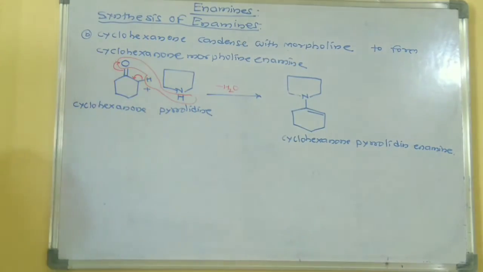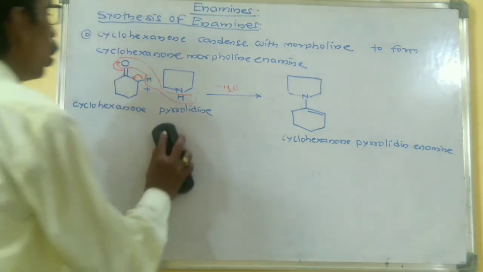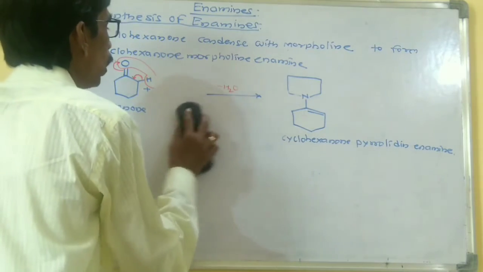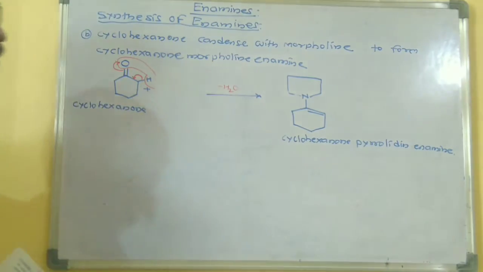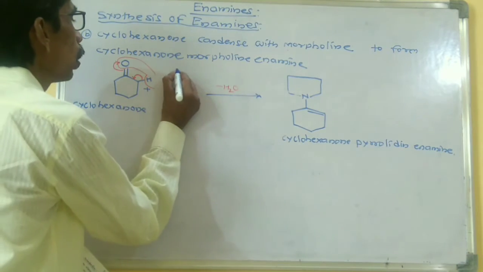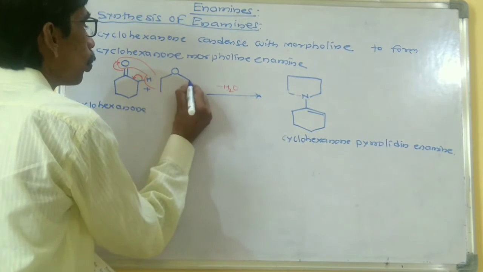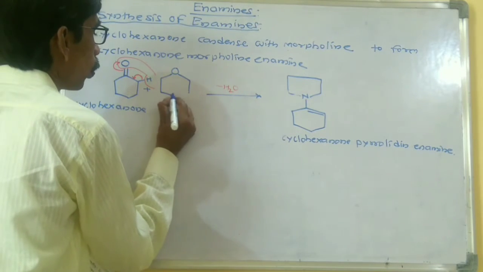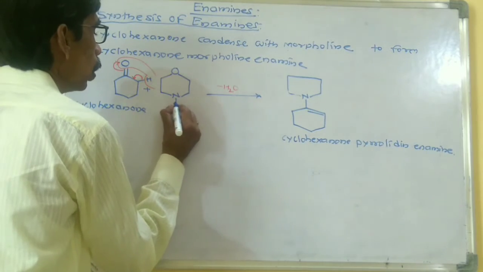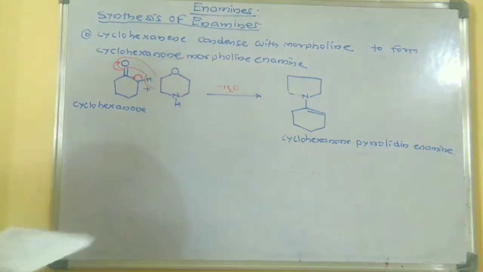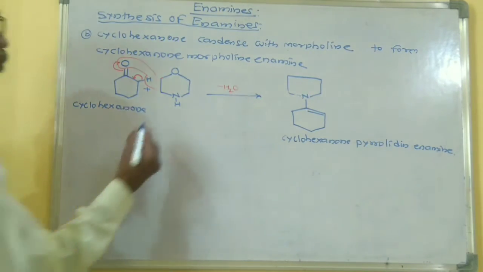Now what is the difference? Here, in place of pyrrolidine, morpholine is used. And this is the structure of morpholine.